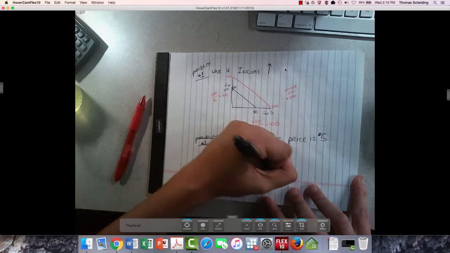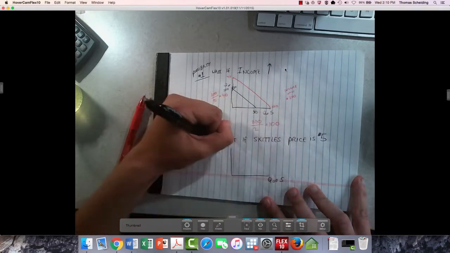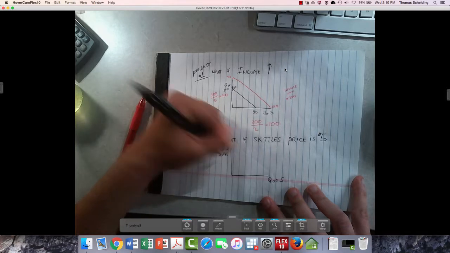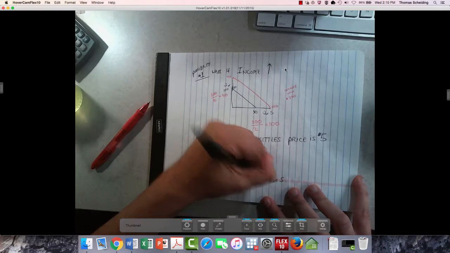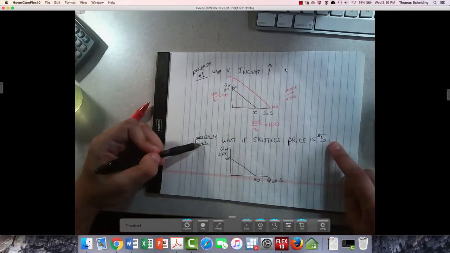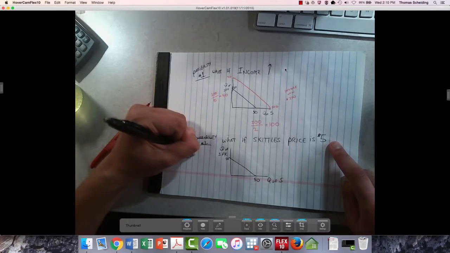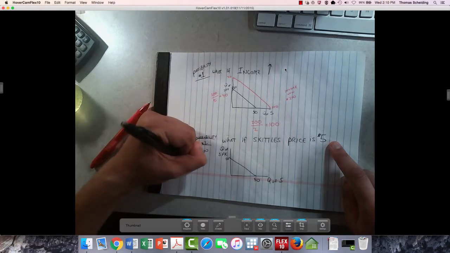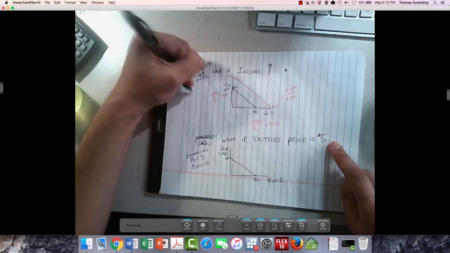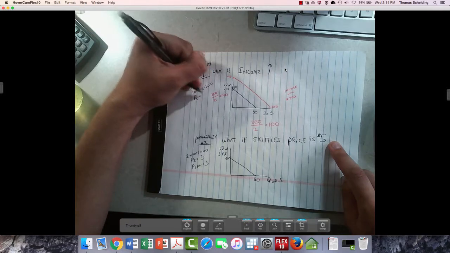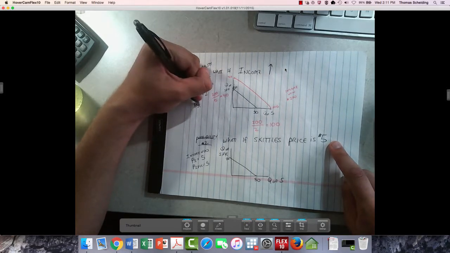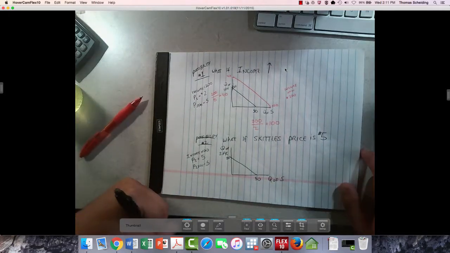Here is my original budget constraint, and again it was at 50 and 20. So here the income is back to 100. Price of Skittles is now $5. Price of Sour Patch Kids is now $5. Over here, just to remind you, the income was 200, price of Skittles was $2, price of Sour Patch Kids was $5.